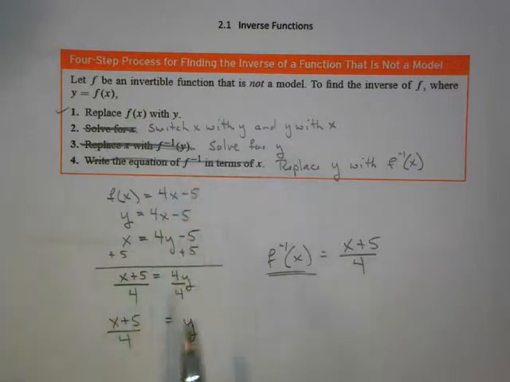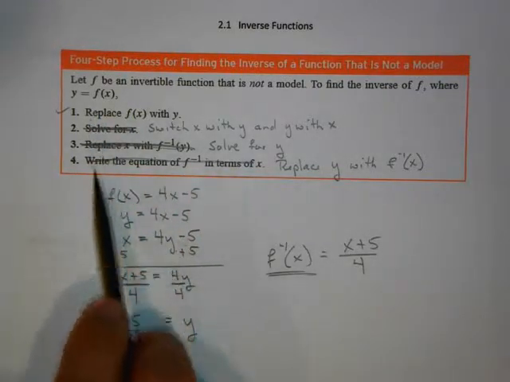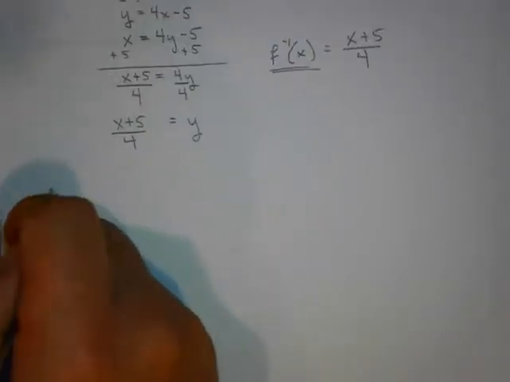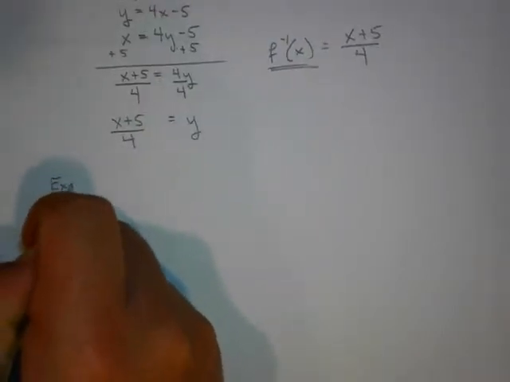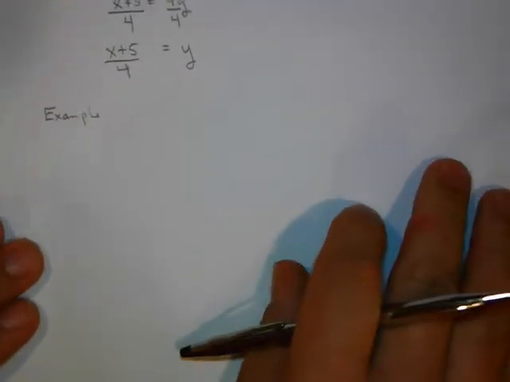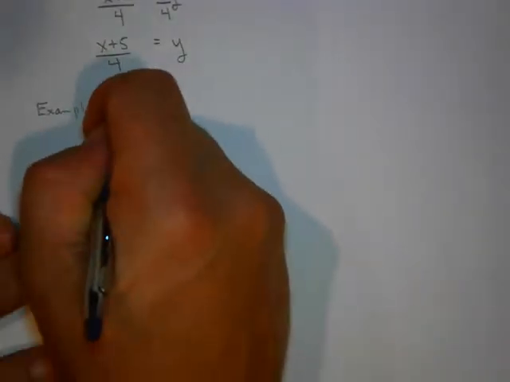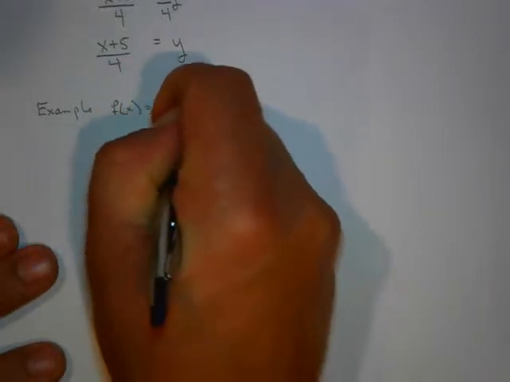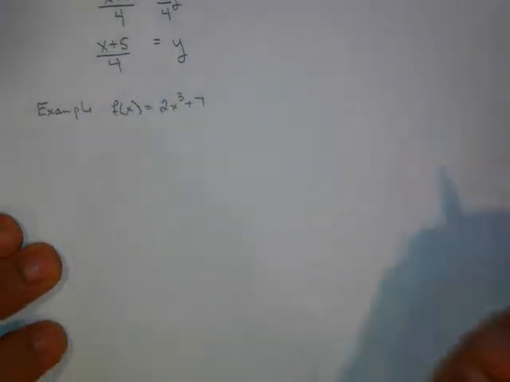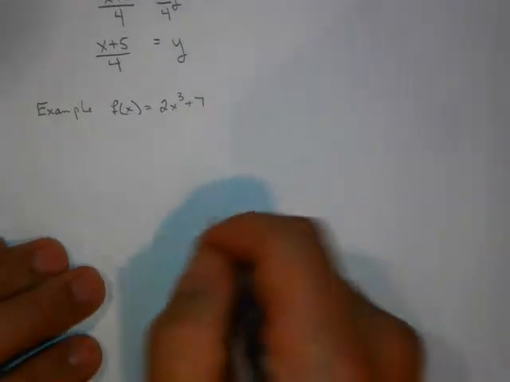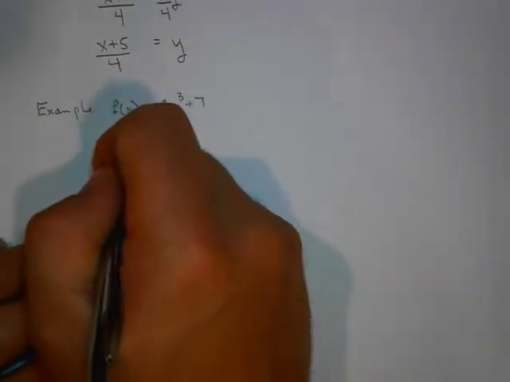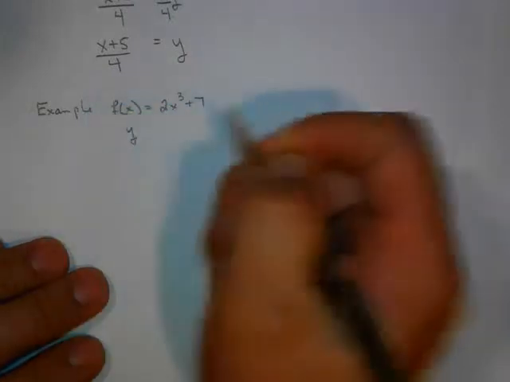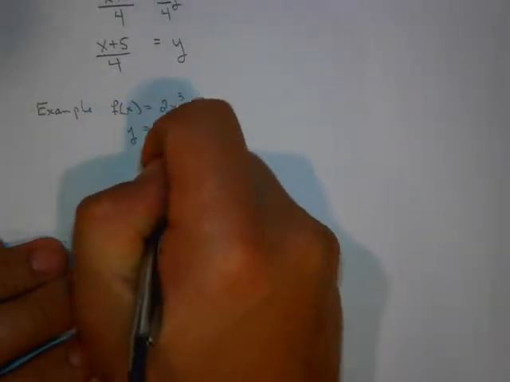So now if we do another example, and this time we'll say f of x equals 2x cubed plus 7. So our first step is replace f of x with y. Now switch your x and y.